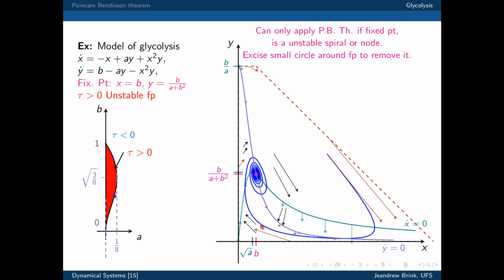Over here, it starts turning up until it again hits this teal null cline where it's got to go vertical, goes up, hits the next null cline where it's horizontal. So you can see the null clines give you a very good idea of what the shape of the orbit is going to be. And then it basically goes around and spirals in, very, very slowly, but it hits the fixed point. So no limit cycle if we're outside of the red region.